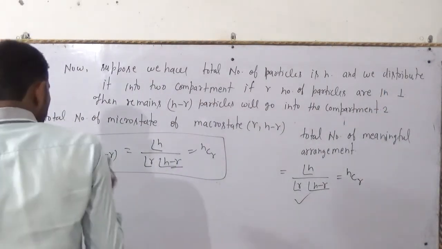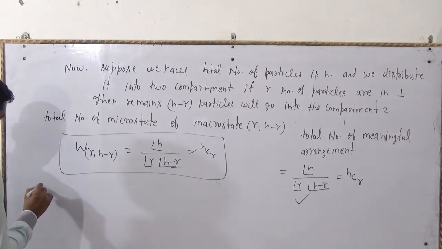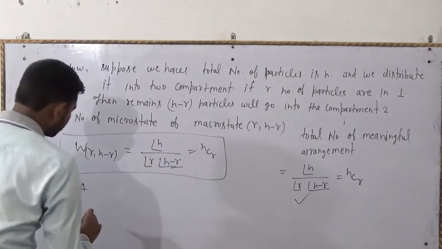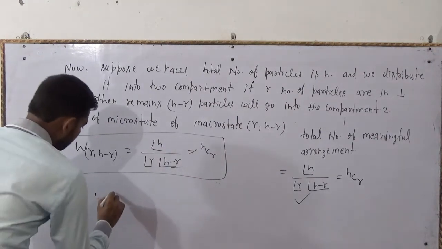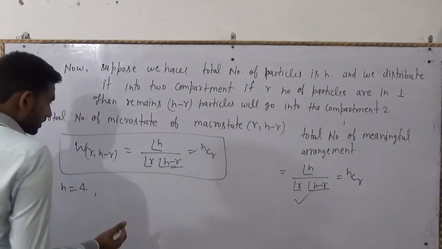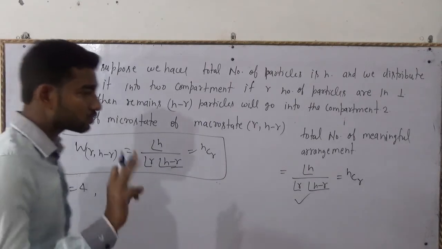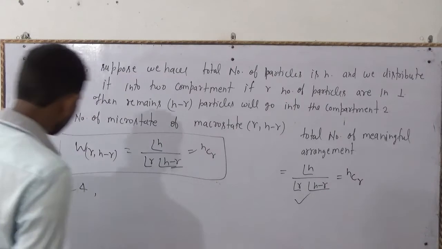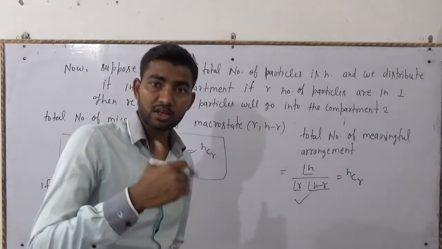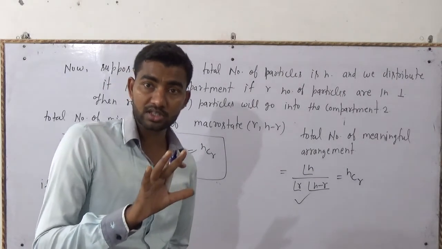How can we use this formula? Now we are assuming some examples. If we have n is equal to 4, and 4 particles we distribute into 2 compartments, then we can find many microstates. Many microstates means here we want to say that there are a total of 5 microstates.